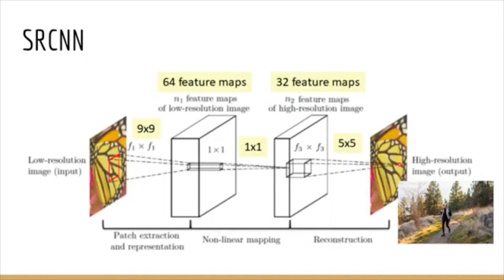Okay, the structure of SRCNN. We have a low resolution image as input and a high resolution image as output. The lower resolution image in this figure is the same size as the high resolution image because it has been upsampled using bilinear upsampling as the input.